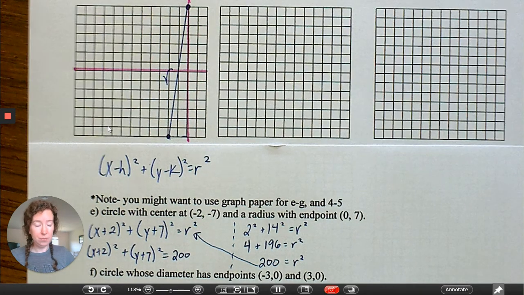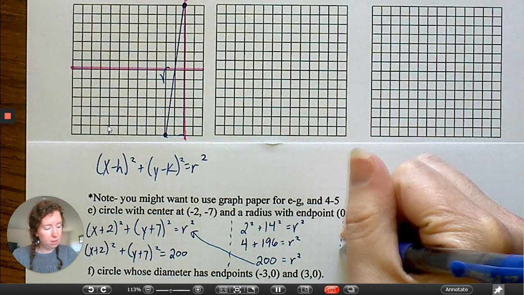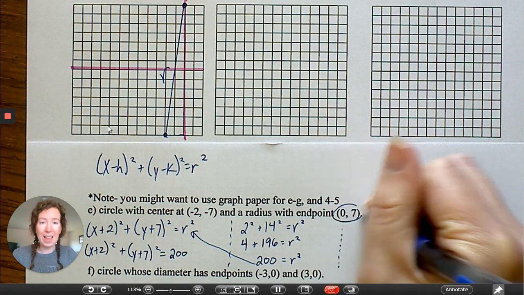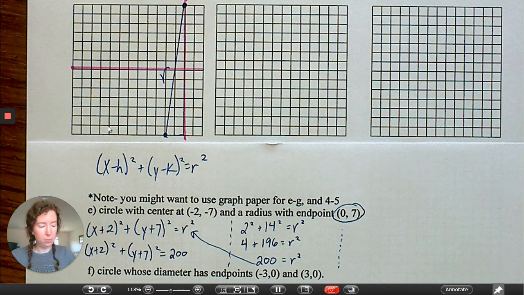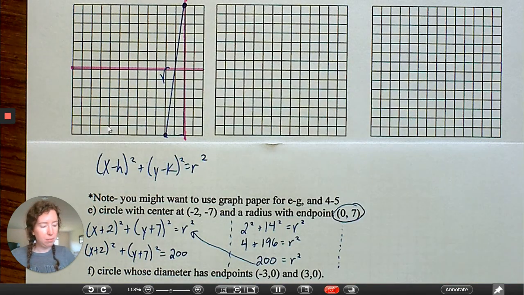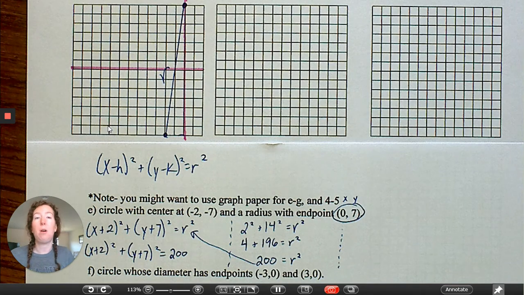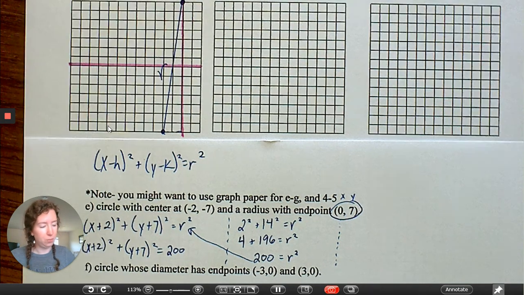Now say you didn't want to graph it. You don't need to. As long as you have the first part of your equation, if you pick a point that lies on the circle, which this point does, it's on this invisible circle, if you plug it into the x and y values of your equation, it's going to equal some r squared value. So let me show you.